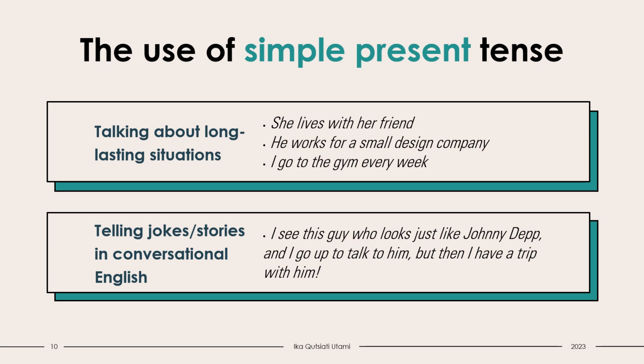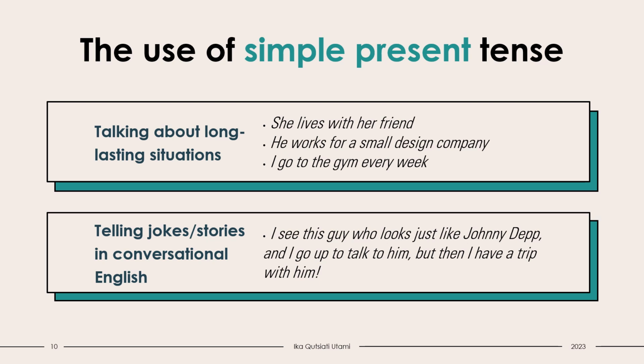Let's look at another example. I go to the gym every week. So this means I do this every week, every month, and all year. And next month, I will still be going to the gym. How about I'm going to the gym every week? Using present continuous, that means I'm doing this at the moment. And next week, you won't see me there at the gym.